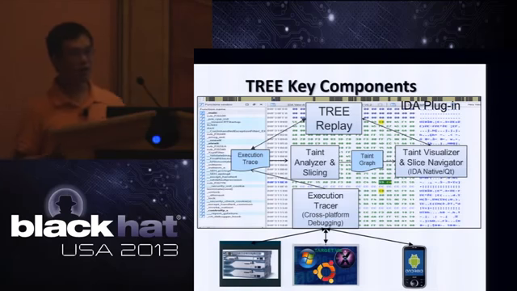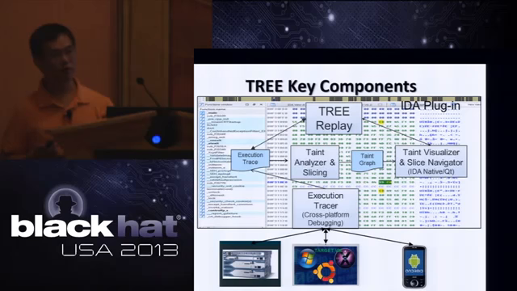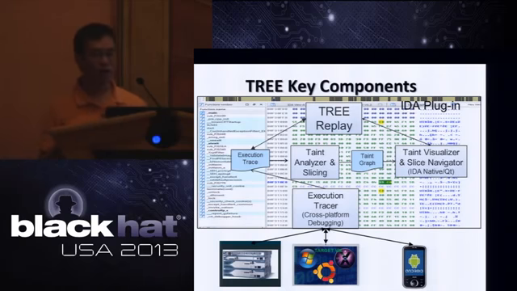The taint analyzer processes the trace collected from the tracer, then generates the taint graph that describes the key facts of your data and instructions involved. And the taint visualizer visualizes this information and lets you interact with the other parts of the system.